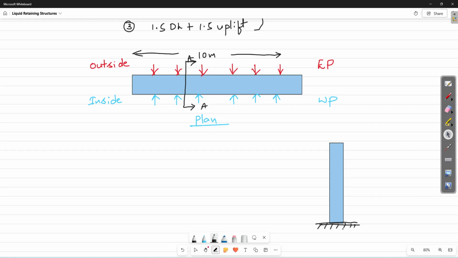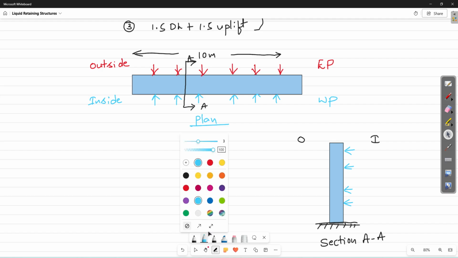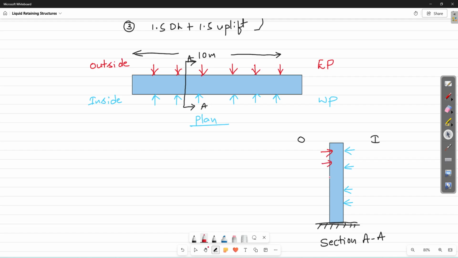This is section A. Again, this is outside, and this is inside. So from inside, you have water pressure, and from outside, you have earth pressure.